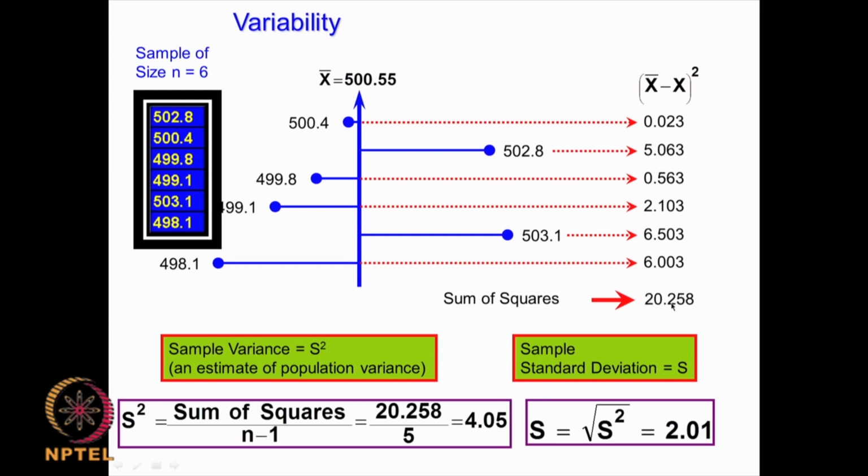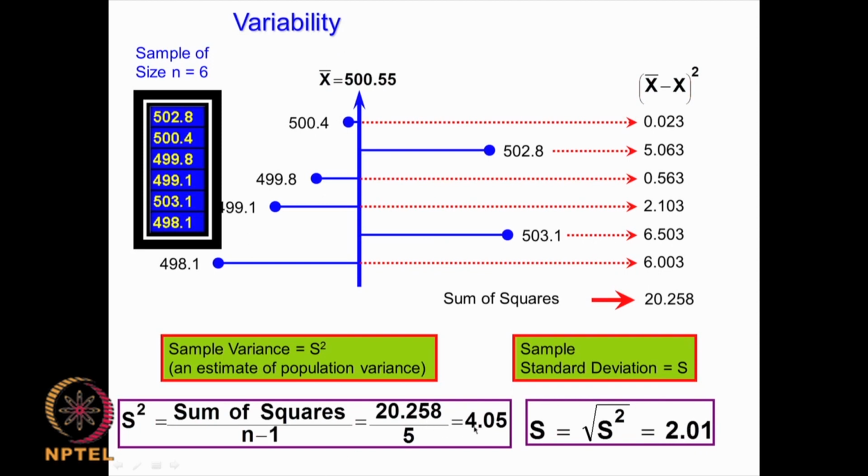If I divide this sum of squares by n minus 1, we get something called sample variance. It is denoted by s square. Why is this called sample? Because you have taken a small set of data. So for the sample standard deviation, you take a square root of that.